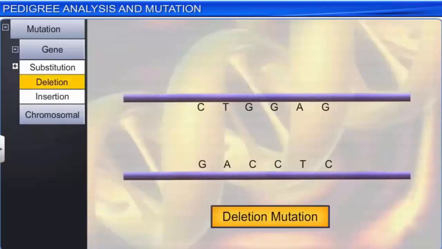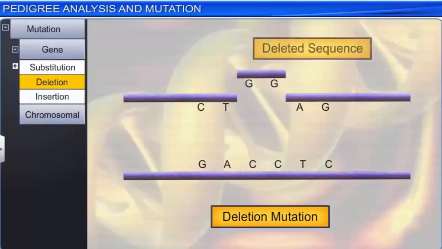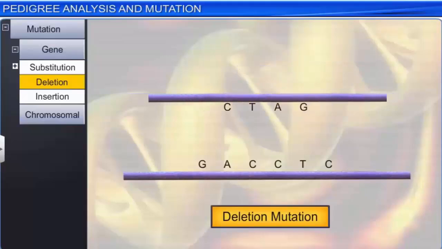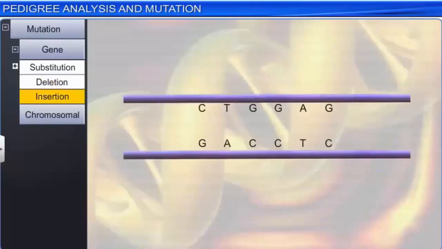Deletions, on the other hand, occur when a sequence in a gene is deleted. For example, deletion of a sequence of gene in the APC gene, which is a tumor suppressor gene, results in a non-functional protein which leads to cancer. Insertions occur when a sequence in a gene is added.